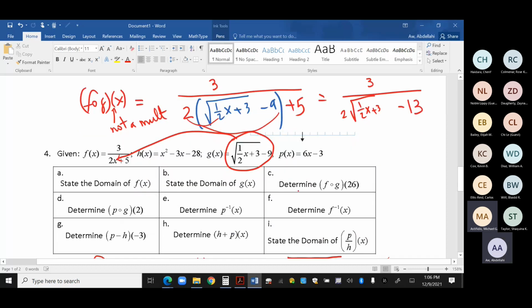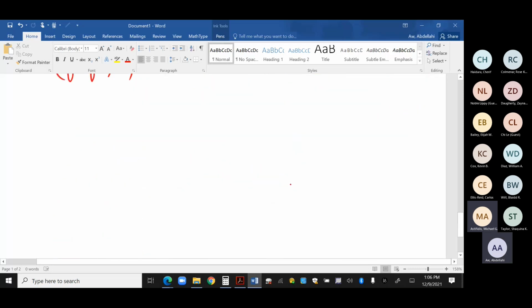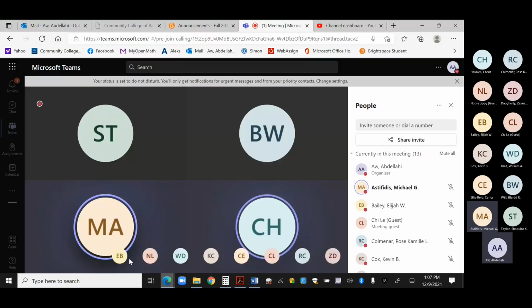Okay, and then for the inverse of a function, I'm going to give something more general. If I say f of x equals -7x plus 3 over x minus 5, what is f minus 1 of x? You guys remember the steps we have to do?